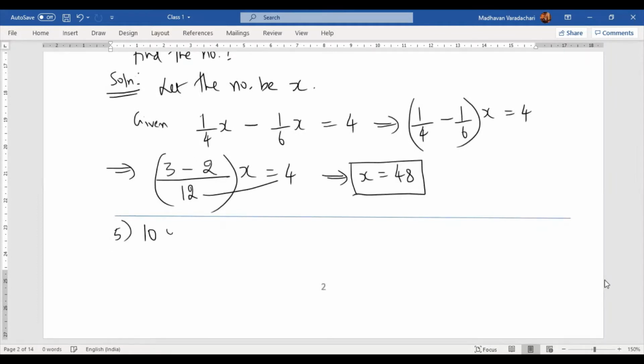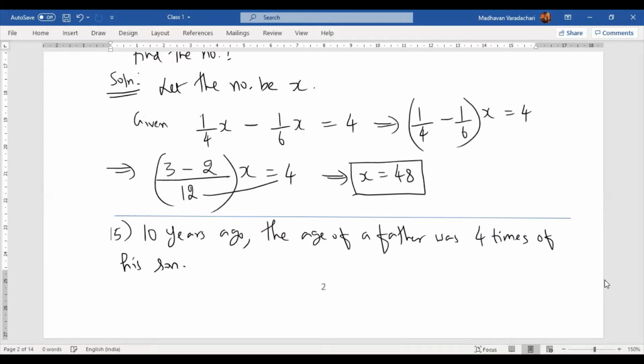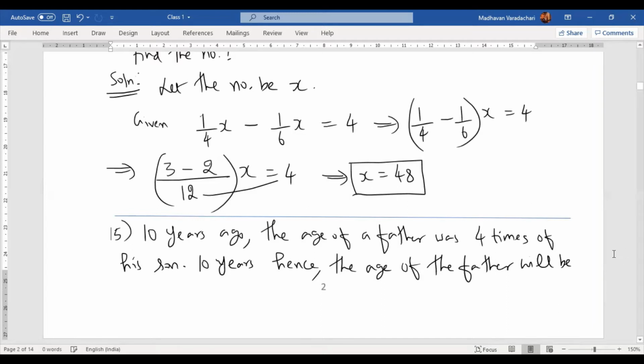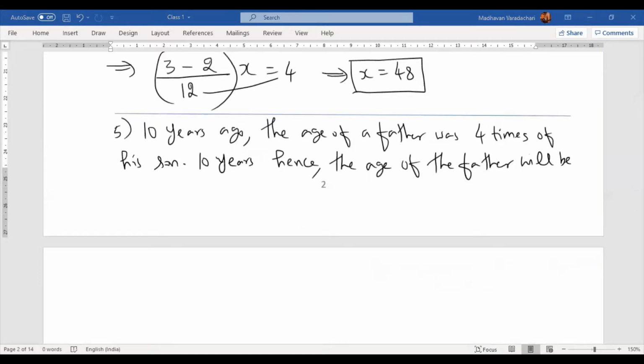The next question: 10 years ago, the age of a father was 4 times that of his son. 10 years hence, the age of the father will be twice that of his son.